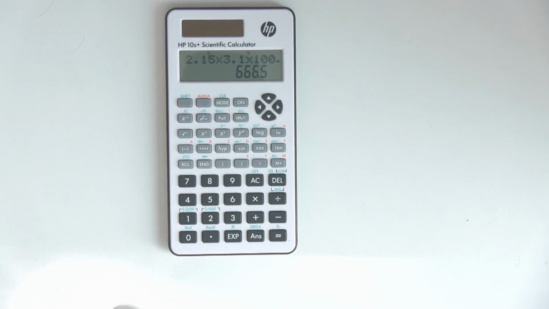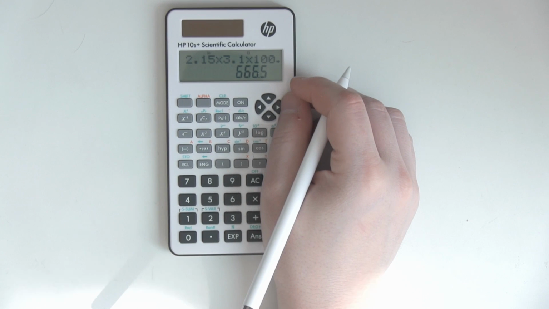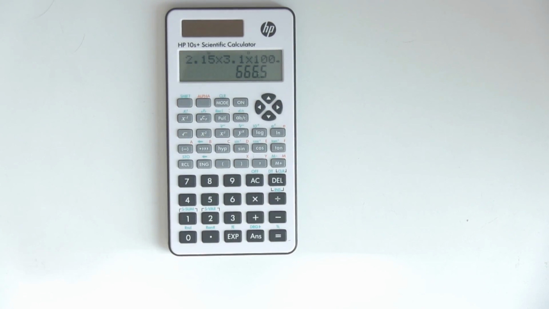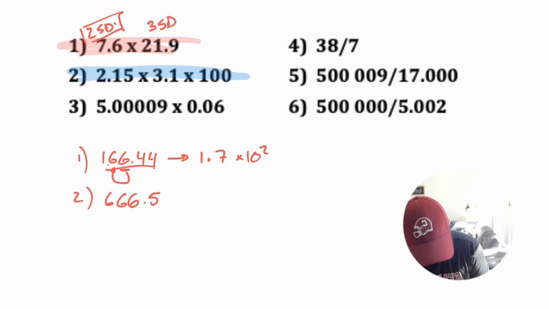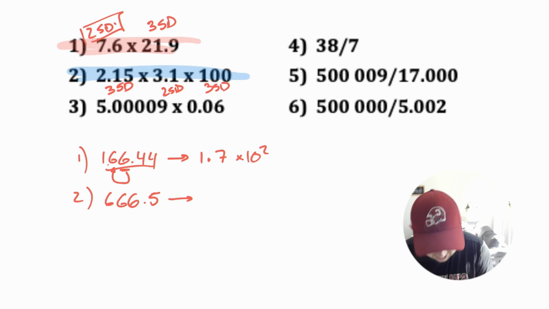666.5. Did I punch that in right? 2.15, 3.1 times 100. Beautiful. Okay, so there's my answer there. We need to write that to the appropriate number of significant digits. So I have 3 significant digits here, I have 2 significant digits here, and I have 3 significant digits here.